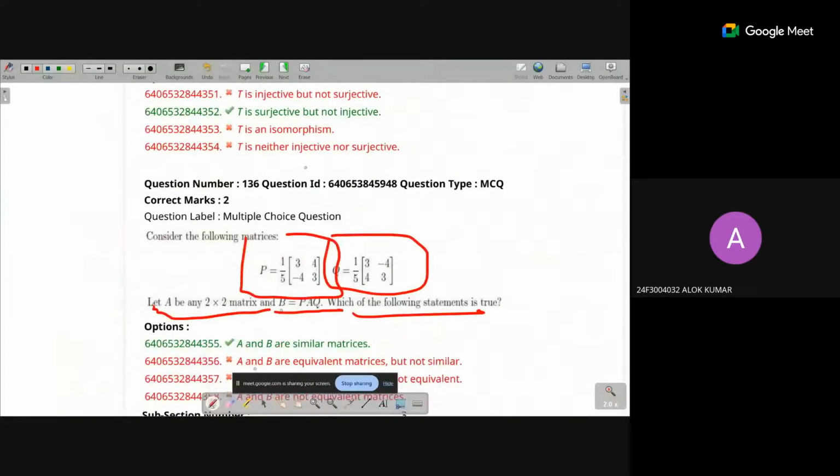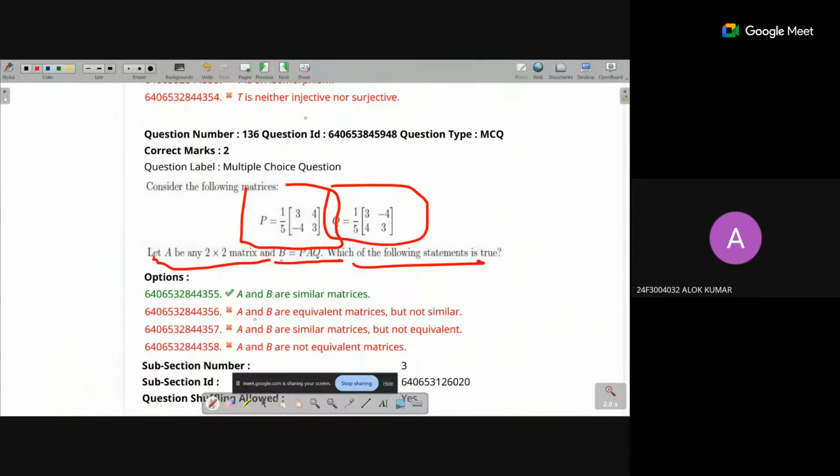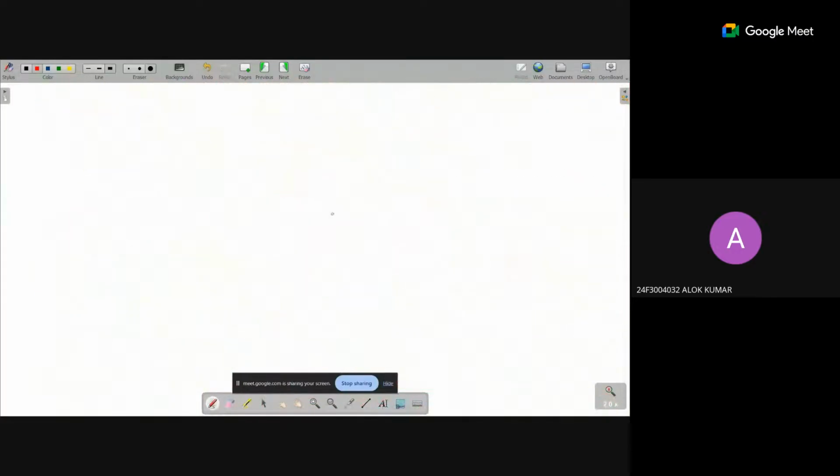I hope it's clear. Now the second question: we need to check whether B and A are similar or equivalent matrices. So what is an equivalent matrix and what is a similar matrix? Let's look.